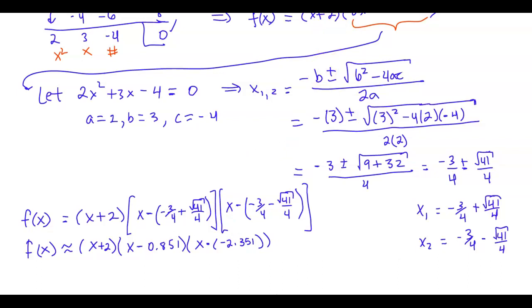So what I'm going to do is just erase all of that and simply write this as x plus 2.351. Okay.